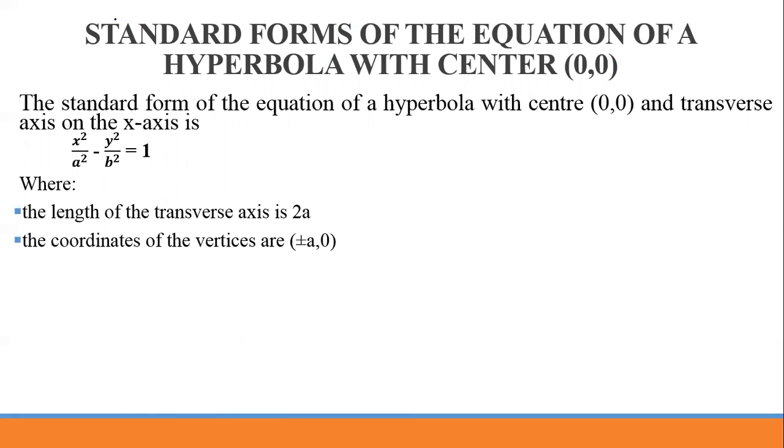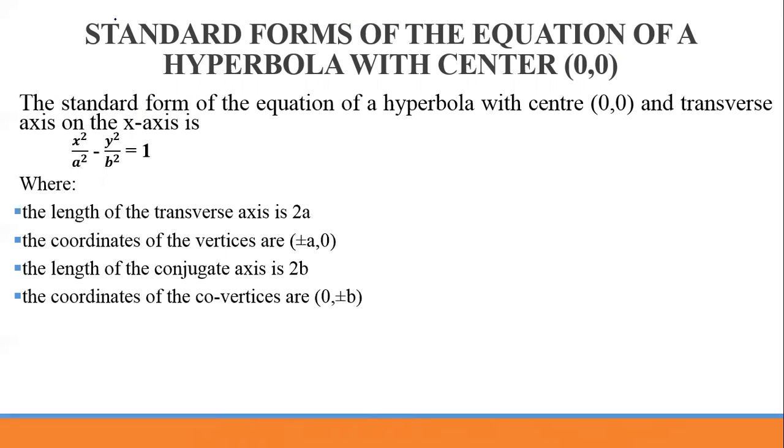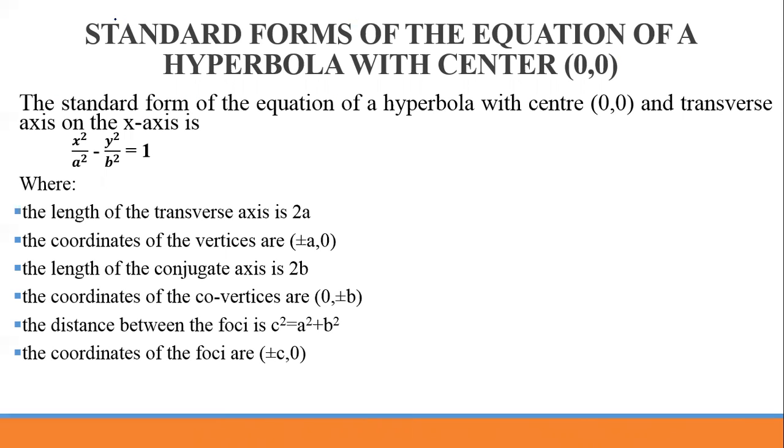The coordinates of the vertices are plus minus a, 0. The length of the conjugate axis is 2b. The coordinates of the co-vertices are 0 plus and minus b. The distance between the foci is c squared equals a squared plus b squared. And the coordinates of the foci are plus and minus c, 0. The equations of the asymptotes are y equals plus and minus b over a x.